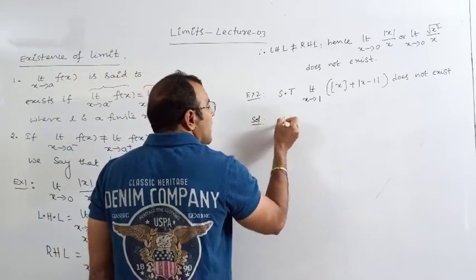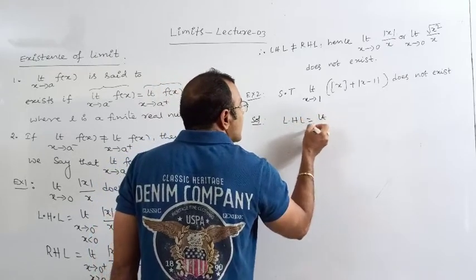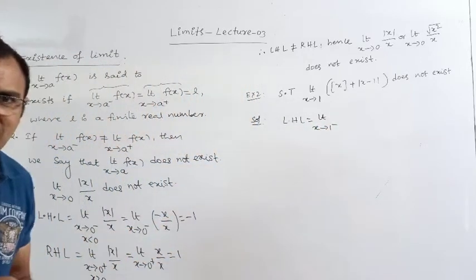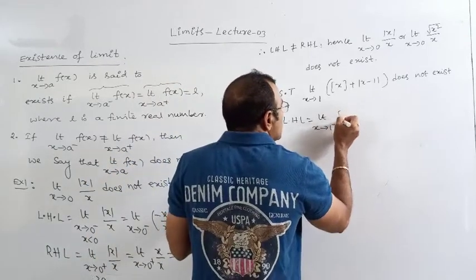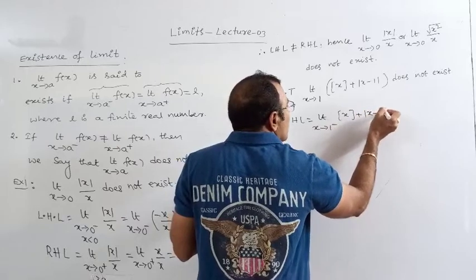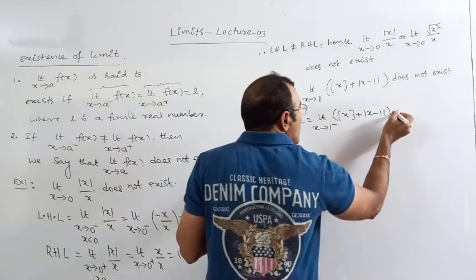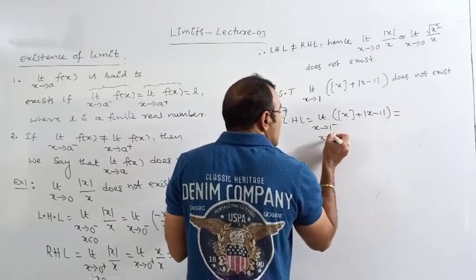First we will find out left hand limit. Limit x tends to 1 minus of integral part of x plus modulus of x minus 1. So x tends to 1 minus is nothing but x takes the values left side of 1.